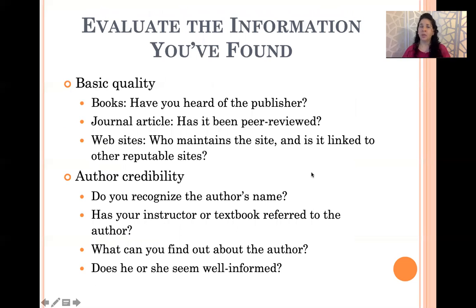So once we find something, we have to evaluate the information. So books, have you heard of the publisher? Are they from a reputable company? The journal article, is it peer-reviewed? And here's what that means. When we write an article for a journal, in order to be accepted for publication, it has to be reviewed by other scholars.